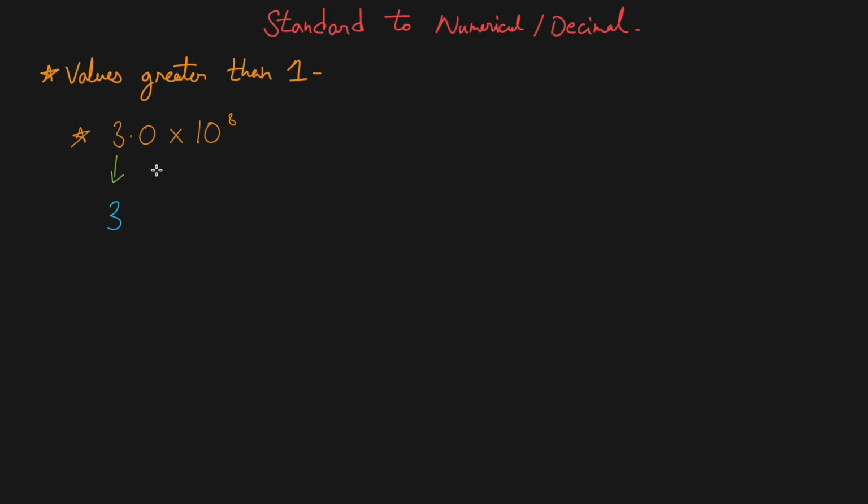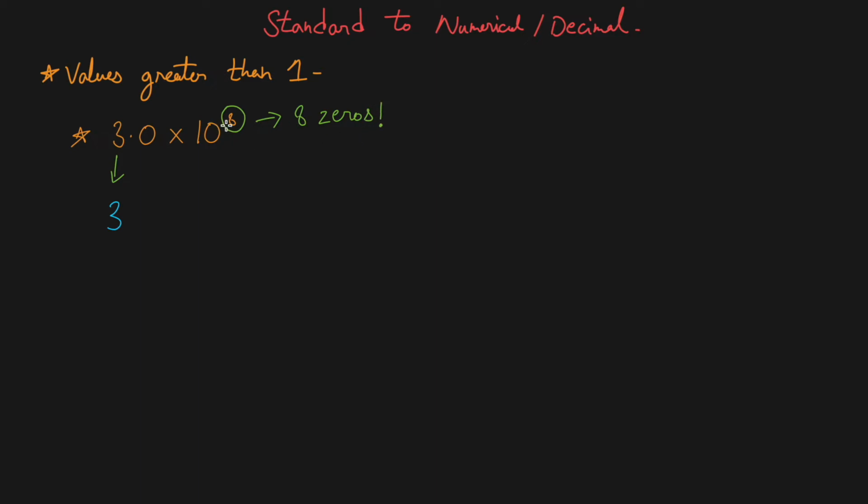So here we have only 3, so we will write the digit 3 first, and then we look at the power of 10. What's the power of 10 here? It's 8. So this basically means 8 zeros.